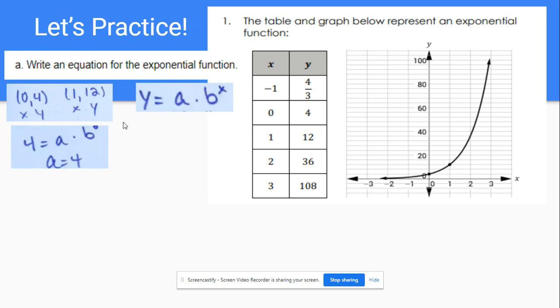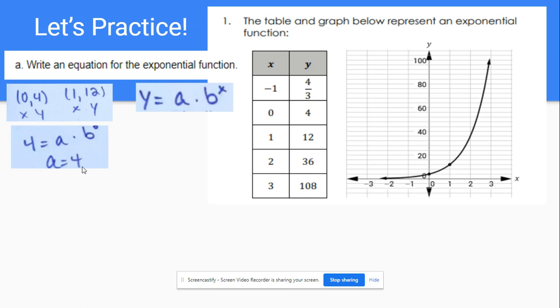I don't have a value for a just yet. That's okay, I'm going to solve for a. I do have a value for x. The value for x is 0. So I'm replacing it. Anything raised to the 0 power is 1. So a times 1 just leaves me with a, and we know a equals 4.